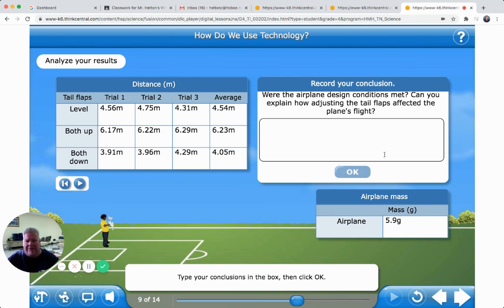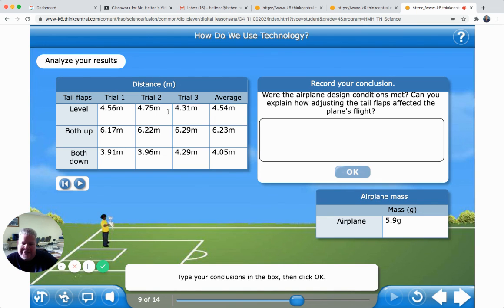Okay, so if it had to fly at least 4 meters, which way would not work? We couldn't have both flaps down because 2 of the 3 times it didn't make it to 4 meters, did it? So even though the average was 4.05, this one was a lot farther than these two. I wouldn't trust a plane with its tail flaps down to go 4 meters every time.